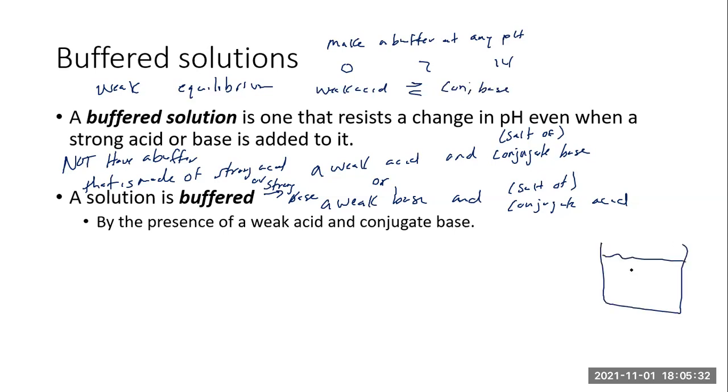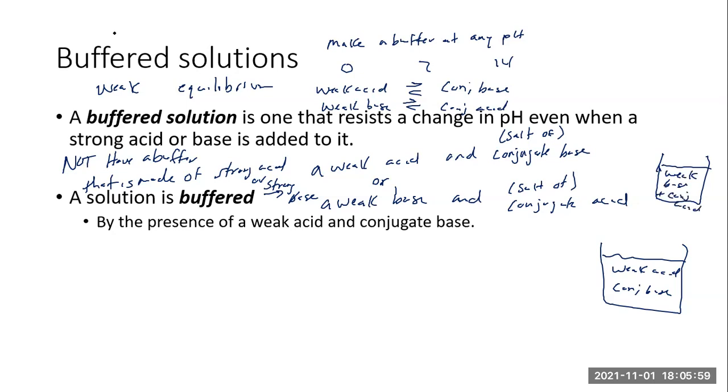And that's what makes it a buffer, they're actually both in there together. Or you're able to keep the weak base in solution because it sets up an equilibrium, and its conjugate acid. So again, either you got your weak base plus its conjugate acid.